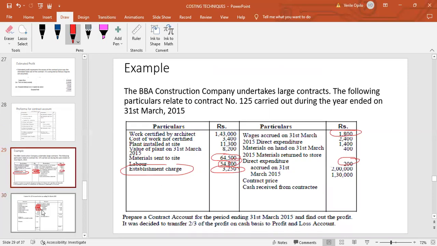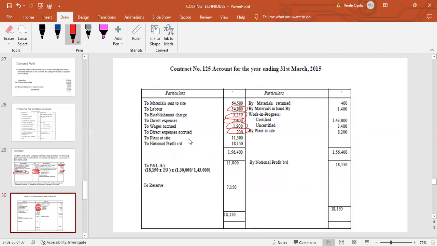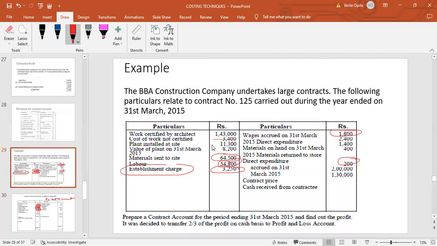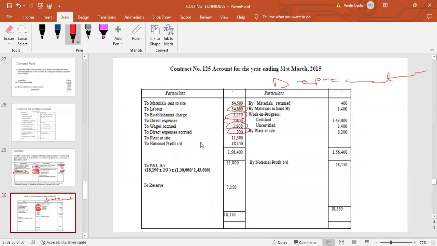So now we have another element, which is depreciation. In this case, we were told that there's a plant at site, and the plant at site had a value of 11,300. So we come here and include that there is this plant at site that had a value of 11,300 at the beginning of the period.